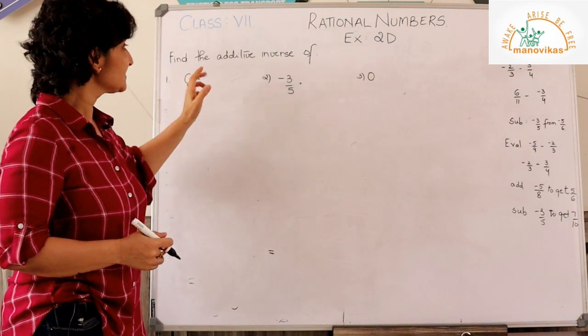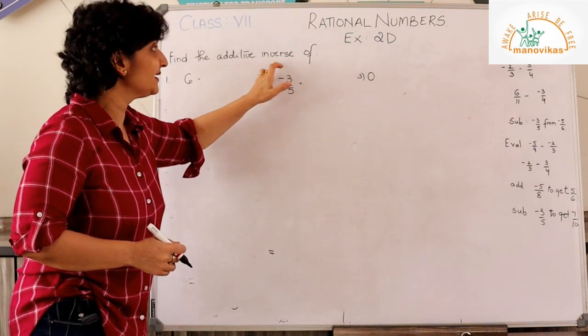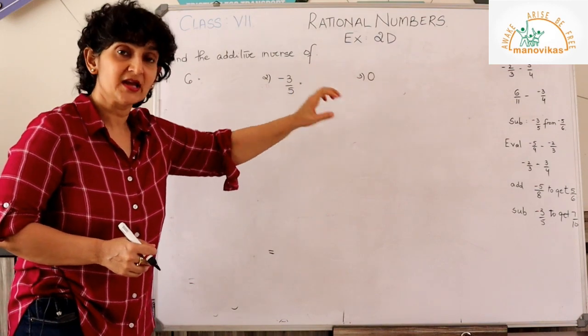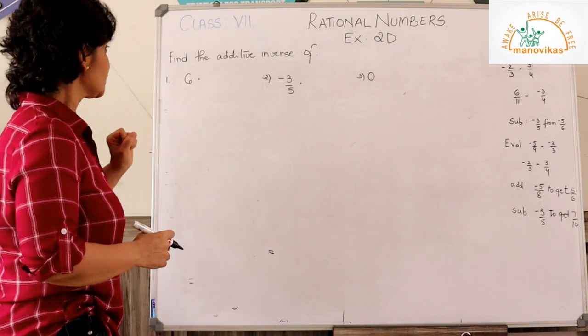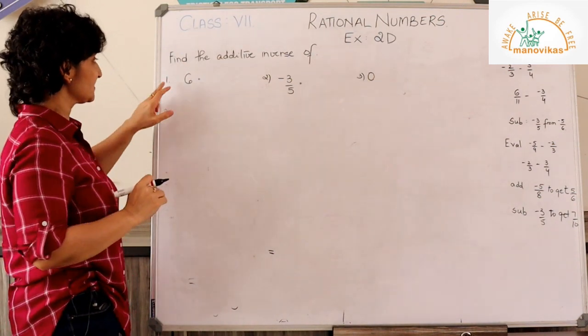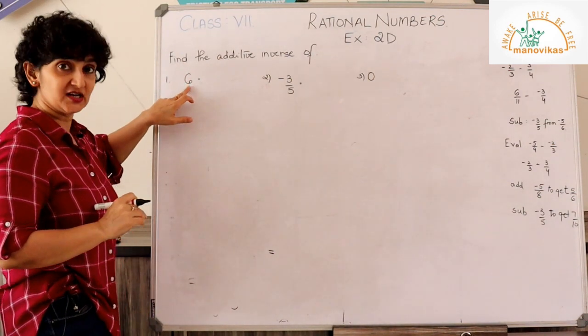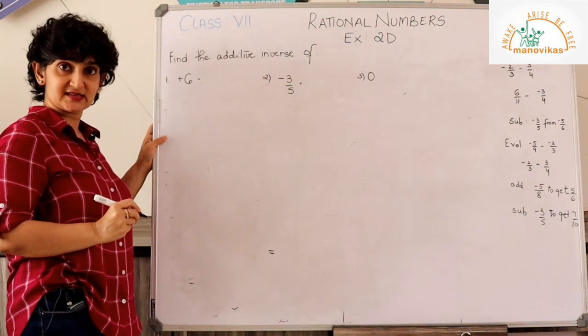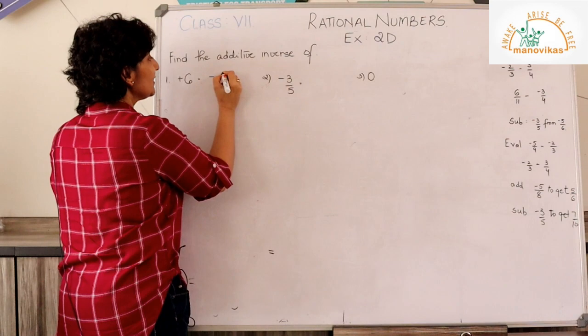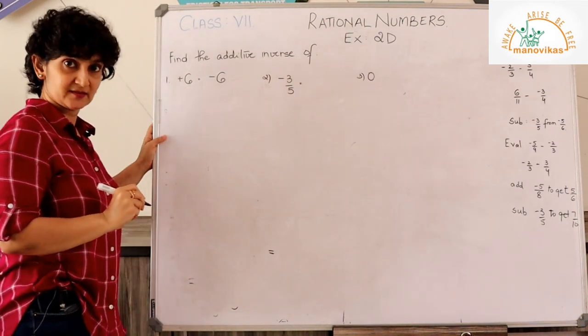My first question is find the additive inverse of. The word inverse means opposite. So the additive inverse of 6. Now 6 means plus 6, so my answer will be minus 6.